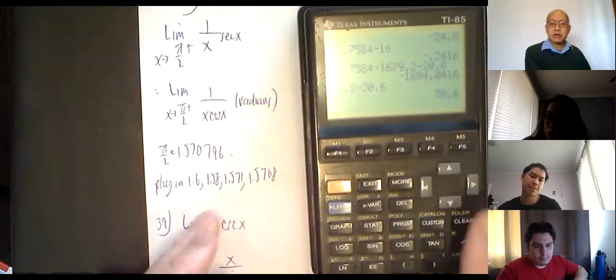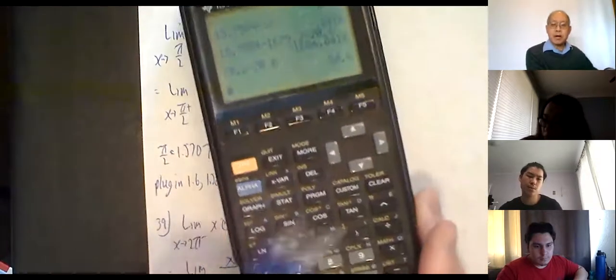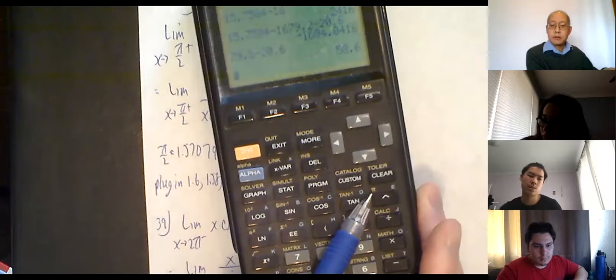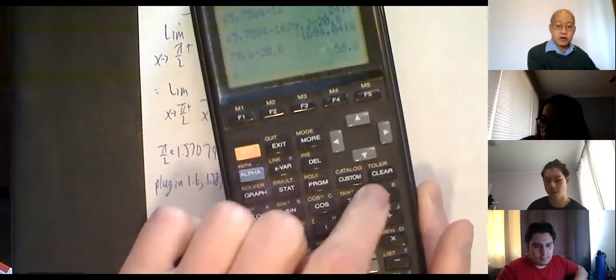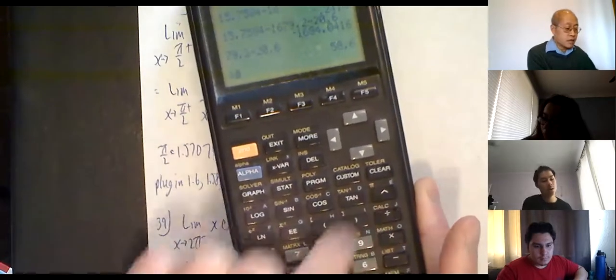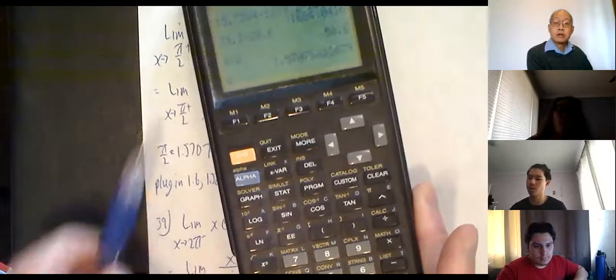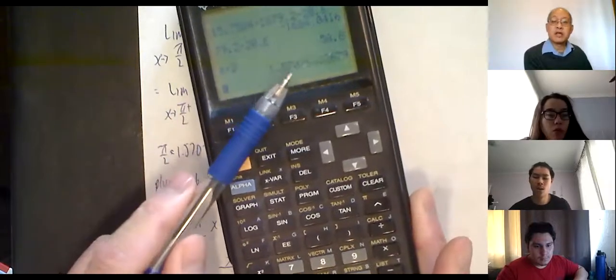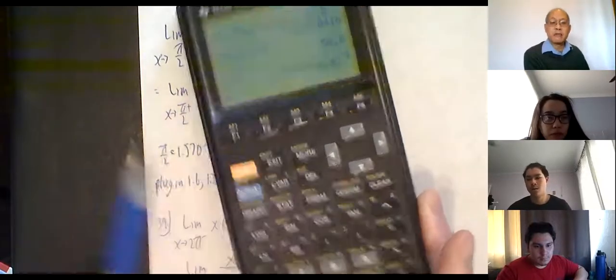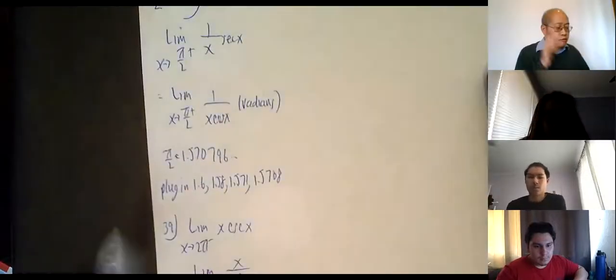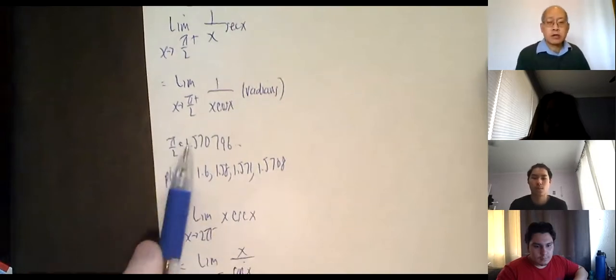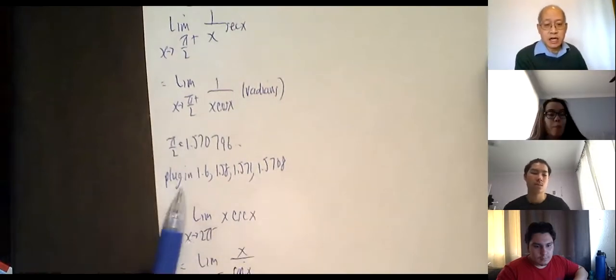Many calculators have a pi button, right? So if I hit second function pi and then divide it by 2, 1.57079, and so on. Okay, so if we want to approach from the right, what you do is for each progression, you take the next highest digit. In other words, 1.6.